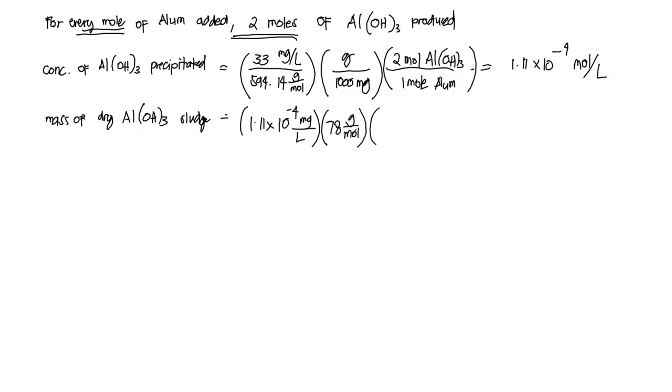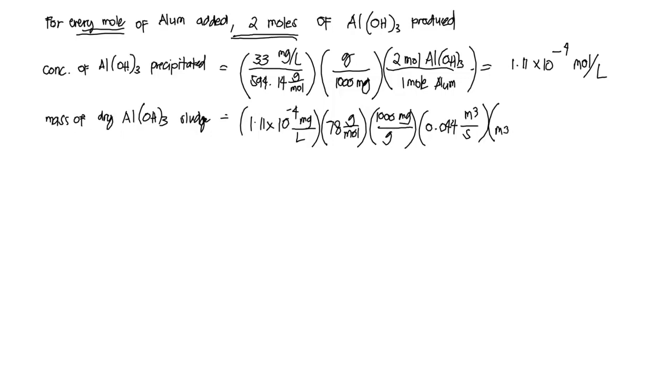Then we need to convert milligrams into grams. To get the mass of dry aluminum hydroxide, we multiply by the volumetric flow, 0.044 cubic meter per second. Then we convert cubic meters into liters.